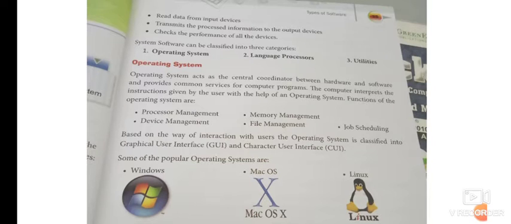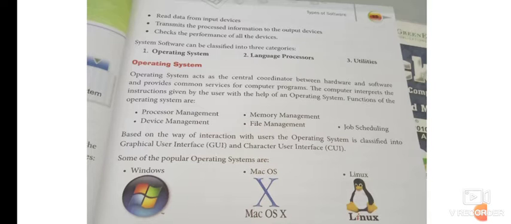Utility software, like disk cleanup and disk defragmentation, checks the performance. These are all performed by utility software, and they are system software. Reading data from input devices, transmitting the processed information to output devices, and checking the performance of all the devices are the works of system software.